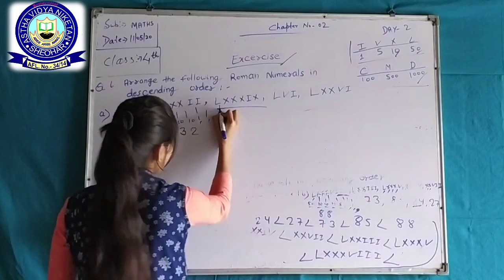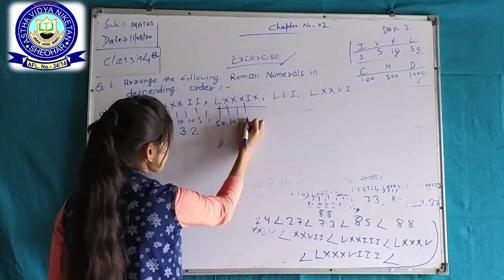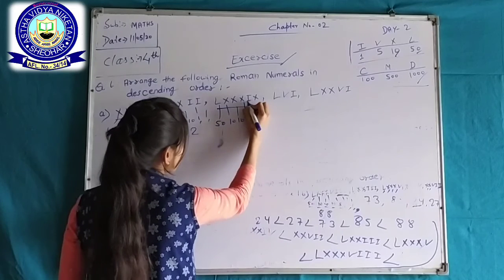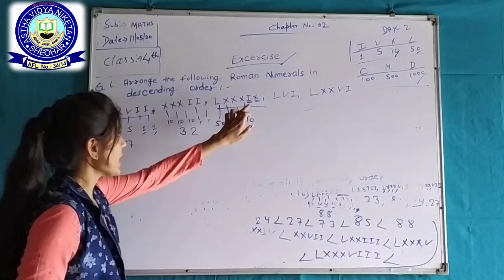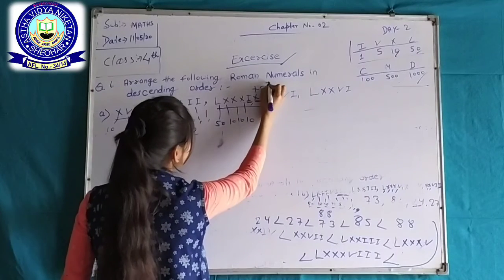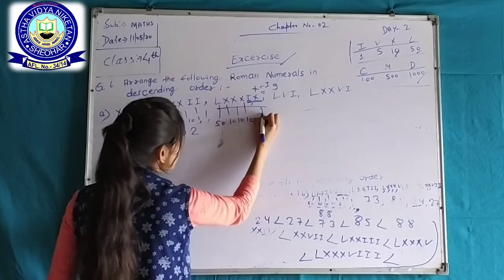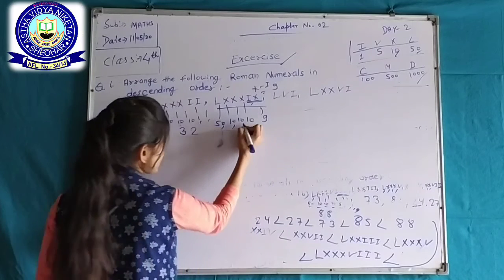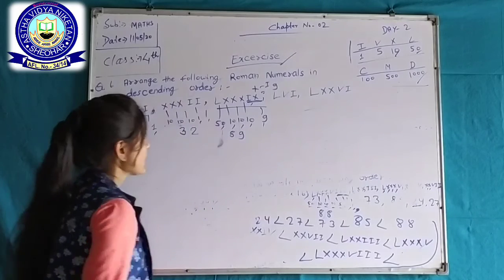And for this one, L means 50, X means 10, this X means 10, and this X means 10. Here is I, and here is 9. Let's see here. I appears before this larger number, so it will be subtracted and it becomes 9. So the value is 9. 50, 60, 70, 80, and plus 9, it becomes 89.